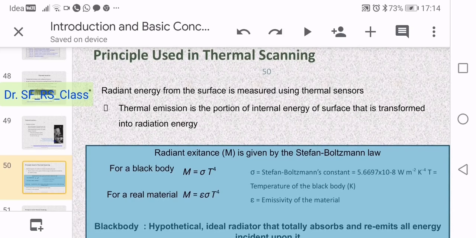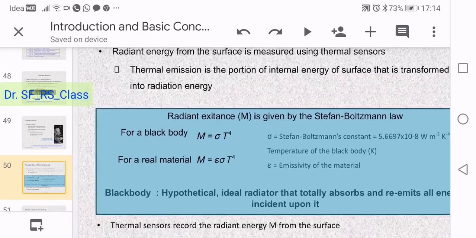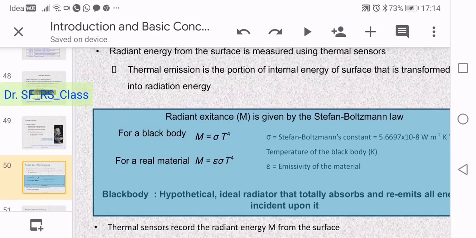This thermal emission is the portion of the internal energy of the surface that is transformed into radiation energy. And we measure the radiant excitance.